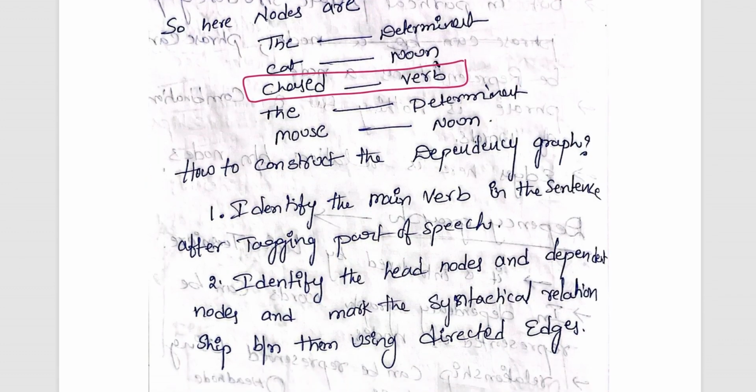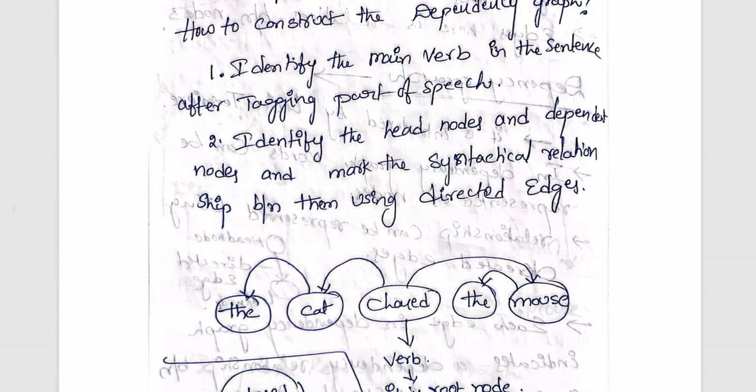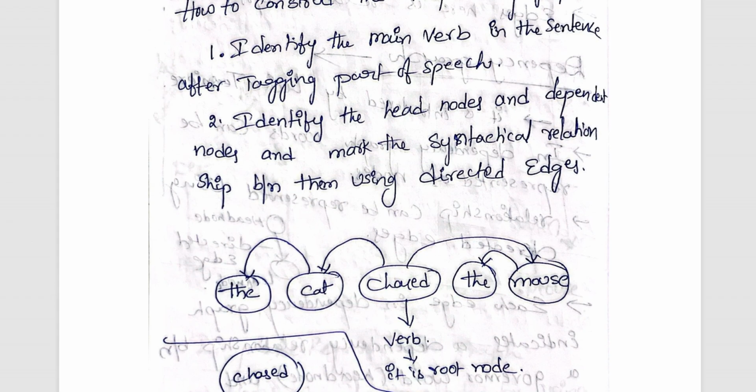First, chased is a verb, so it is the root node, and we can make relationships with other nodes using this verb. Who chased? The cat chased.